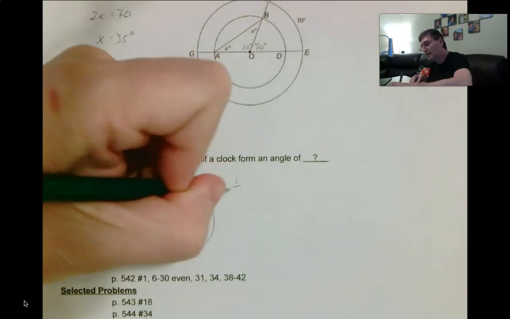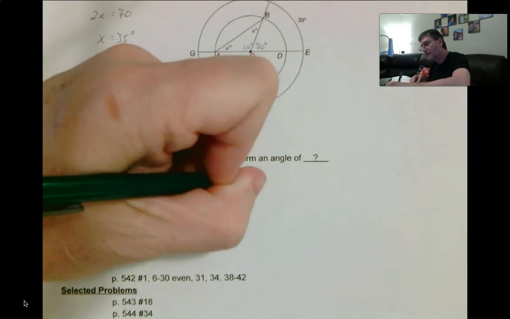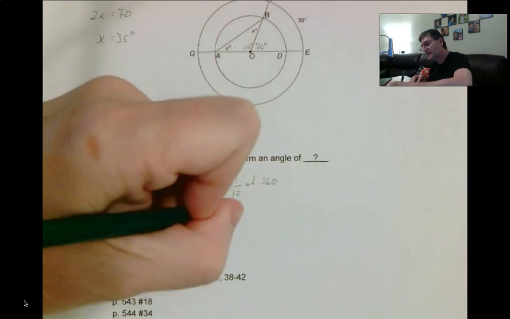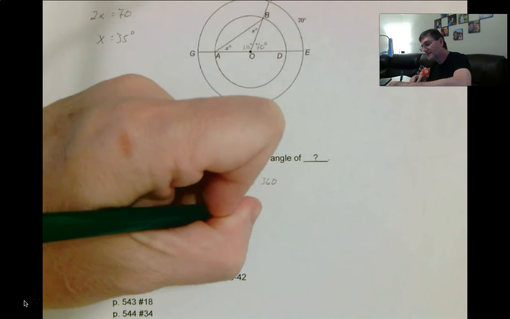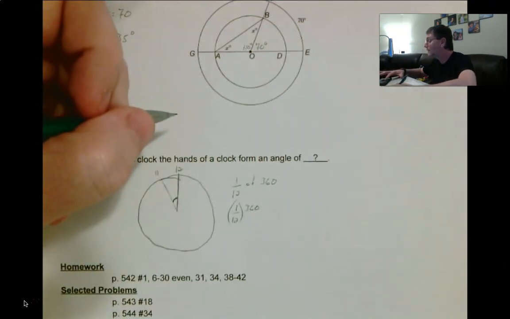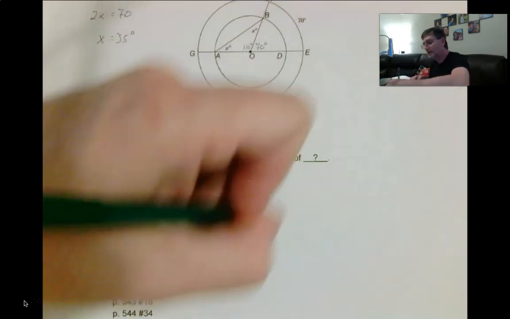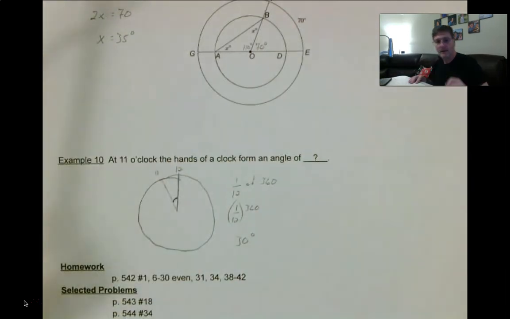So what is 1/12 of 360 degrees? 1/12 times 360, 360 divided by 12. This is a 30-degree angle.